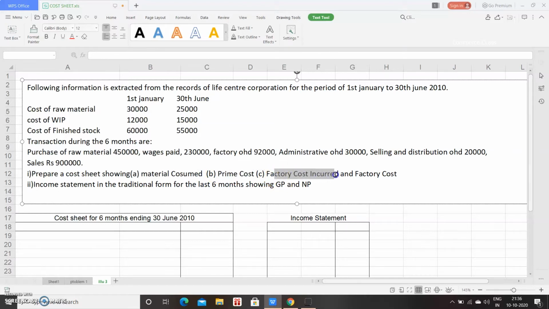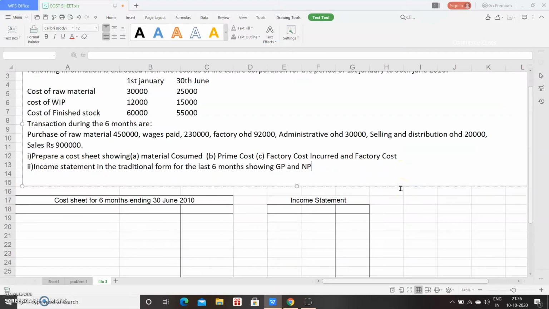Factory cost incurred, that is the gross factory cost, and factory cost total, that is after adjusting the WIP. It's not asking you to calculate more than that, so we will not prepare the cost sheet for more than that. Cost of goods sold, sale, all these things we will not do. Then it is also asking you to prepare an income statement in the traditional form for the last 6 months, showing gross profit and net profit.